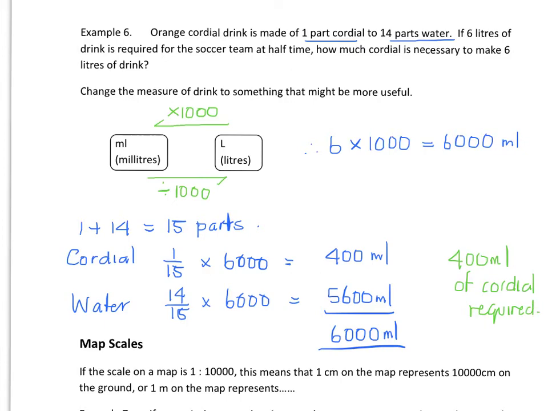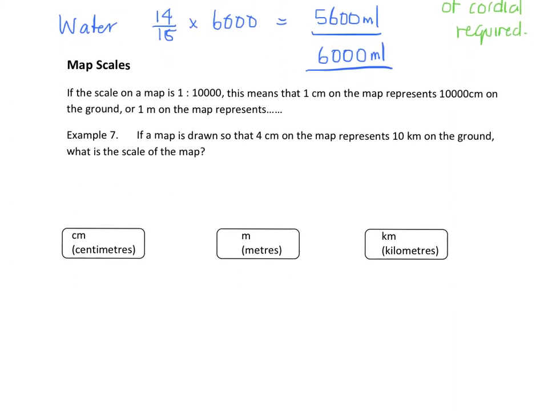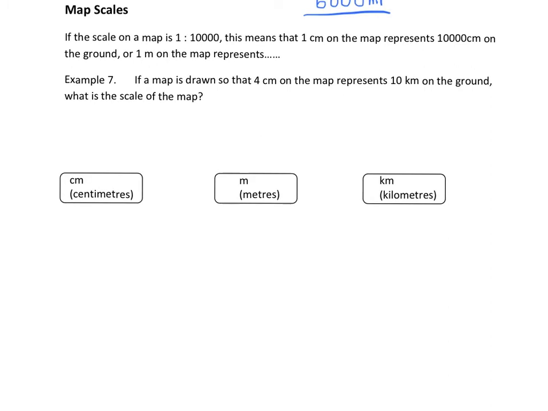Our last question refers to map scales. And if you're given a map scale, which is read as 1:10,000, what that means is that 1 centimetre on the map represents 10,000 centimetres on the ground, or that 1 millimetre on the map represents 10,000 millimetres on the ground, or 1 metre on the map represents 10,000 metres on the ground.